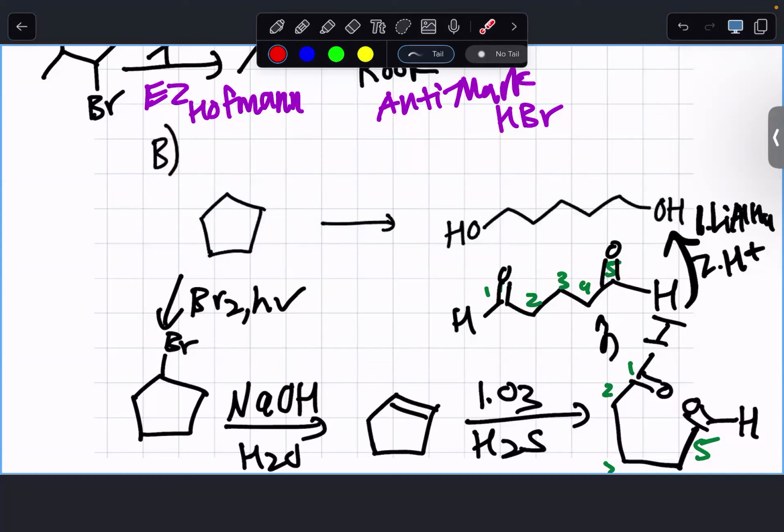That's oxidation. But if we want to go from aldehyde to primary alcohol, that's reduction, usually a reducing agent. Isn't NaBH4 relevant? Yeah, you could also use NaBH4 instead of LiAlH4. Okay. Yeah. NaBH4 then H plus. But if this was a carboxylic acid, you can't use NaBH4. You have to use LiAlH4 if that was a carboxylic acid.